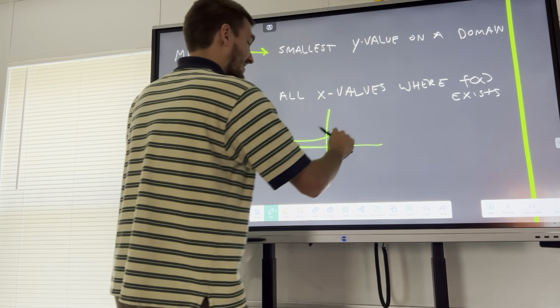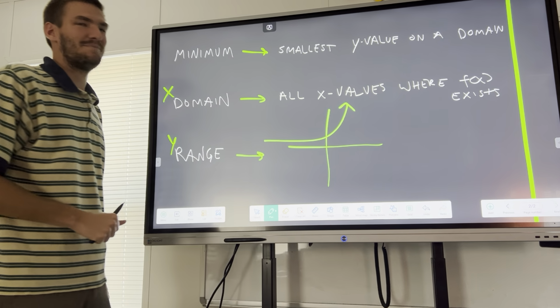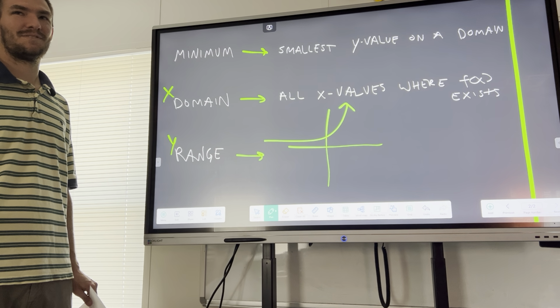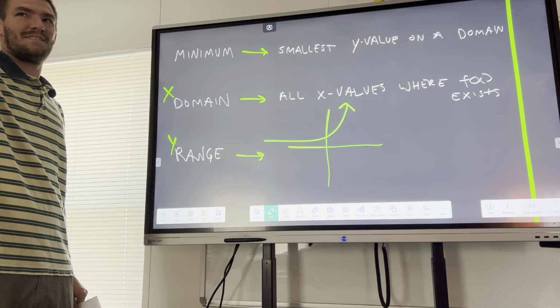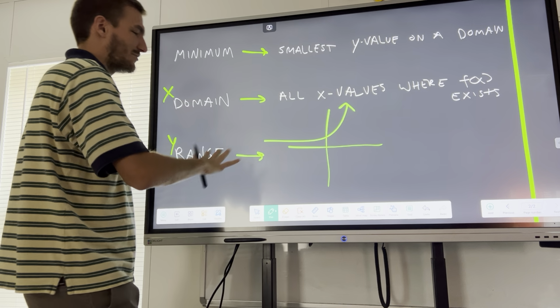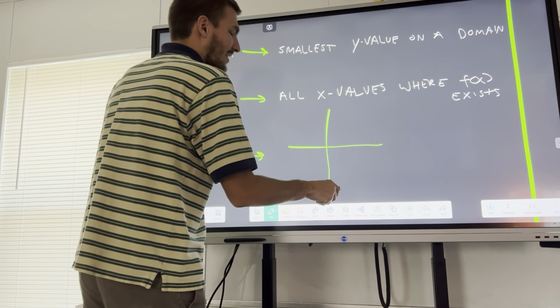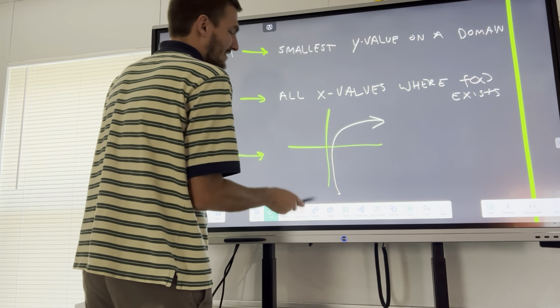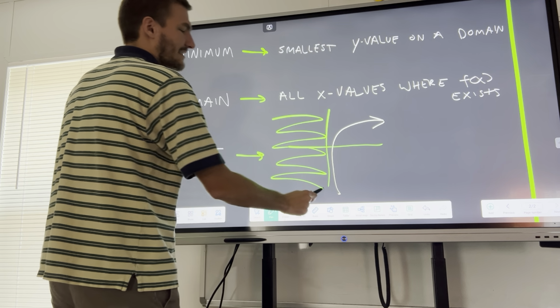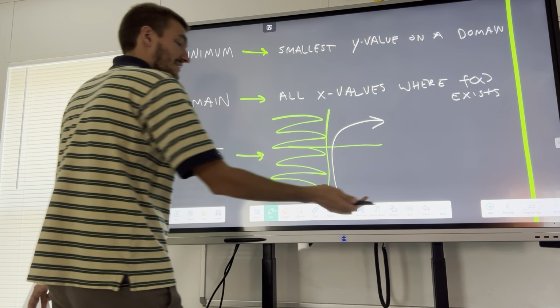Exponential looks like this, and that is a very good attempt, but that does also have domain all real numbers. Logarithmic, yeah, so logarithmics and exponentials are basically inverses of each other, and the log graph looks like this, and so the domain does not exist over there, less than 0.